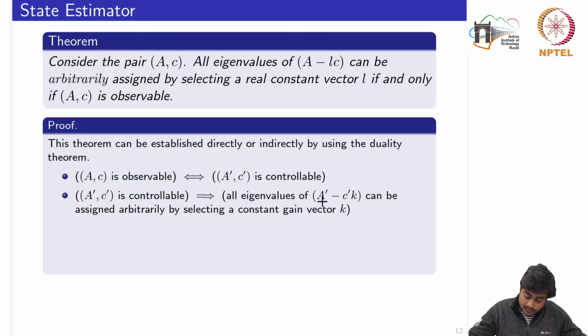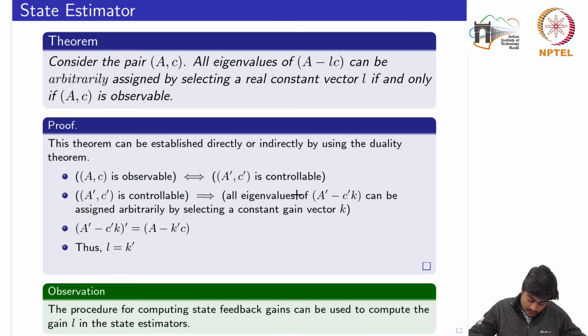So this result is taken from that week. Now if I take the transpose of this matrix, which I got by introducing this vector K, I will get A minus K transpose C. You will notice that A minus LC is equivalent to A minus K transpose C if L is equal to K transpose. And K we already know, as we designed it using the state feedback design procedure.